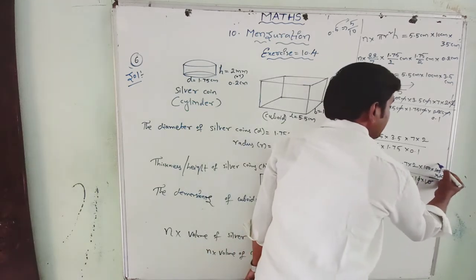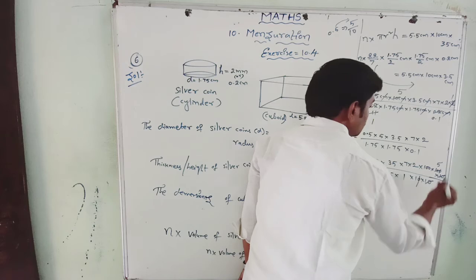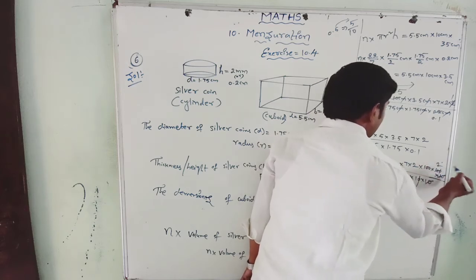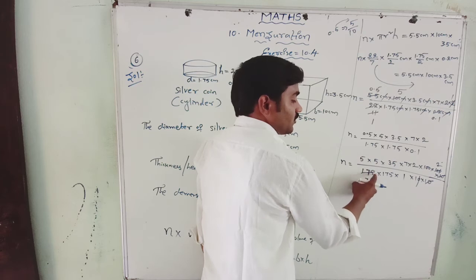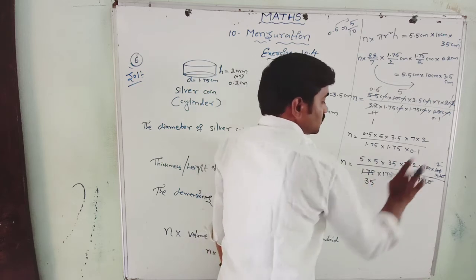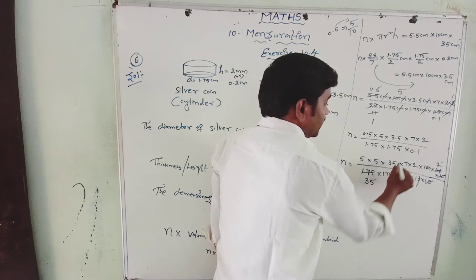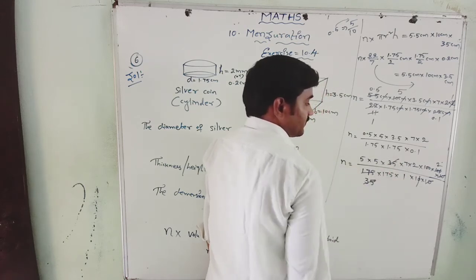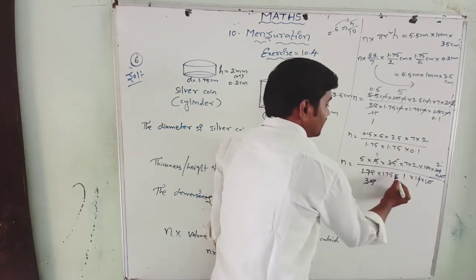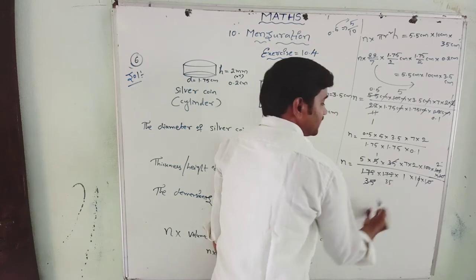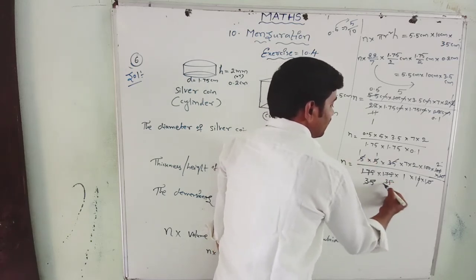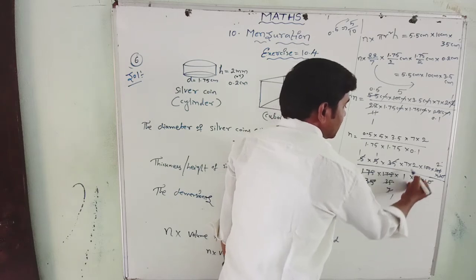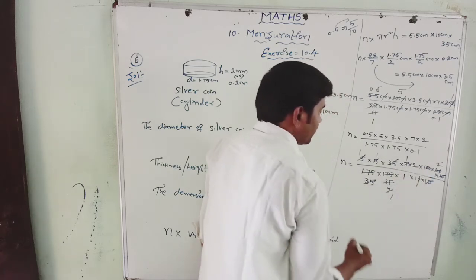So here 5 2s are 10, 5 2s are 10, 5 3s are 15, in 17, 2 is left over, so 25, 5 5s are 25. So next, here 35, here 35 cancel. In the 5 table, 5 1s are 5, 35, I just did it. Also 5 1s are 5, 7 1s are 7, 1s are cancelled.